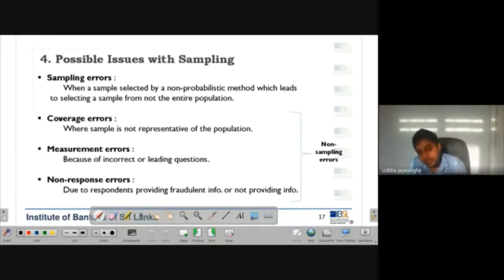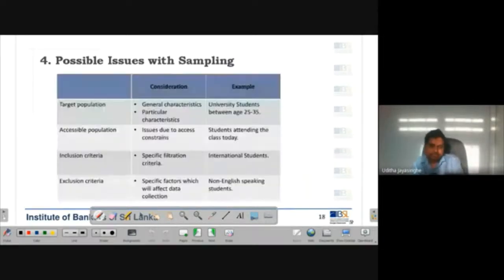But once we try to do it practically, some problems come into play. So these are sampling errors and non-sampling errors. A few examples of non-sampling errors are coverage, measurement, and non-response errors. That's pretty much it.